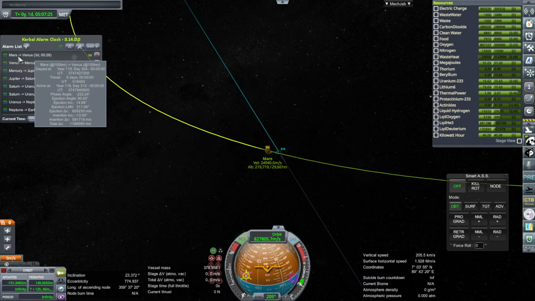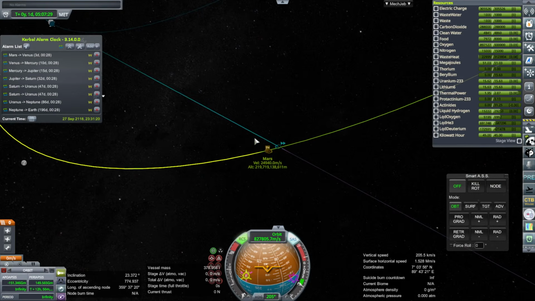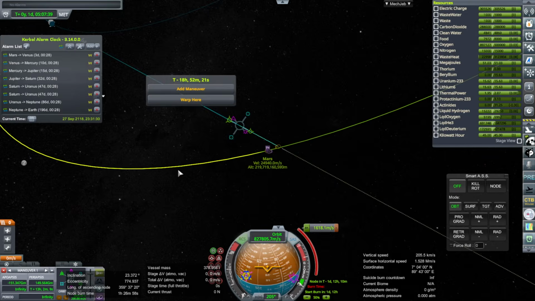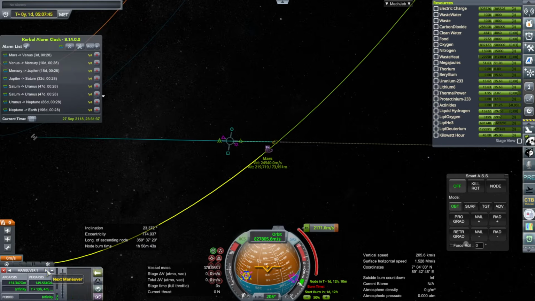Our schedule for going from Mars to Venus is in 3 days, so we just have to be able to do that. I always have trouble figuring out when to start slowing down, though. I've got 800,000 meters per second of velocity. That might be too much velocity. I've gone too far.